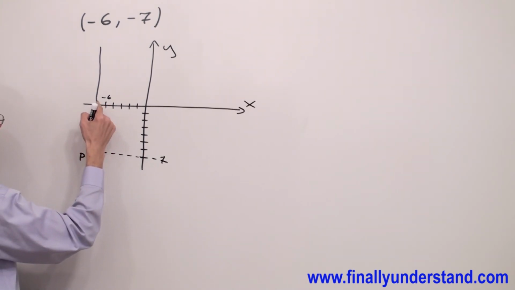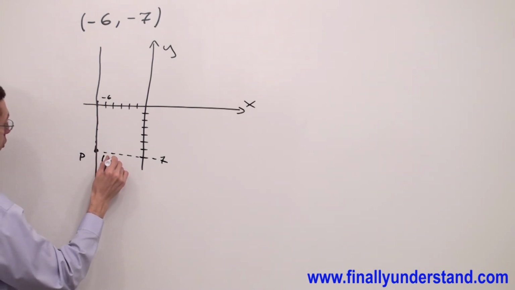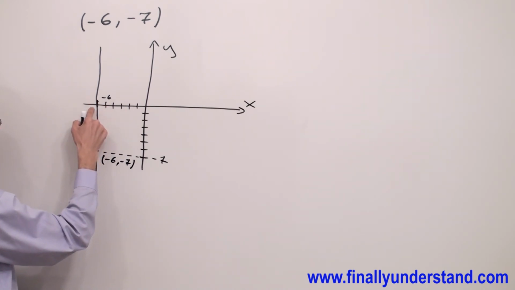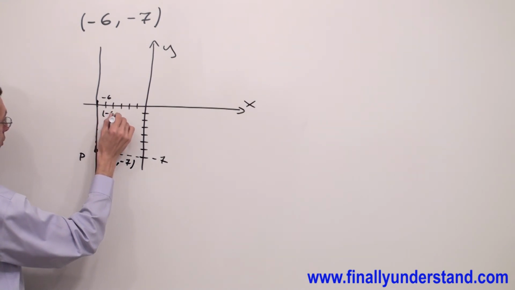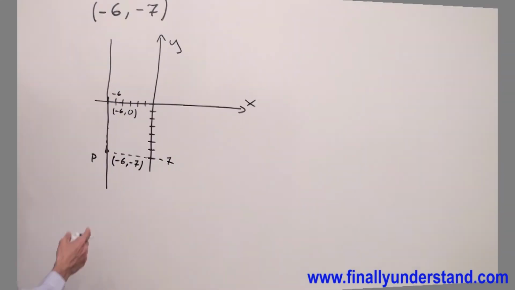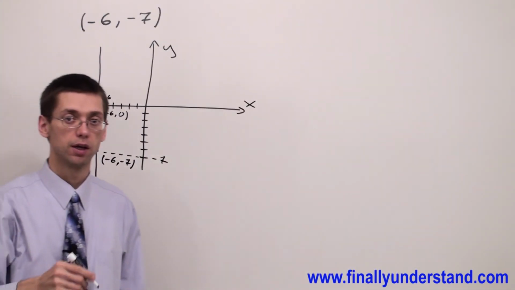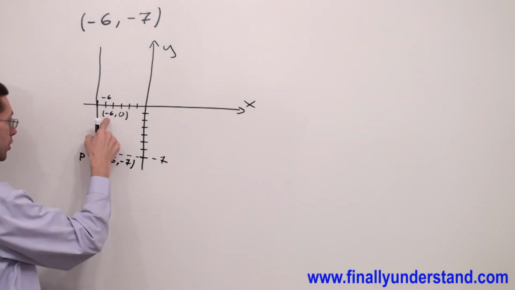This line passes by point (-6, -7), and also, please notice, is going to cut the x-axis at point (-6, 0). Okay? The points on this line will always have x-coordinate equal to -6.